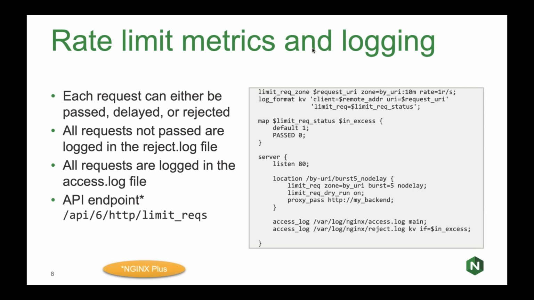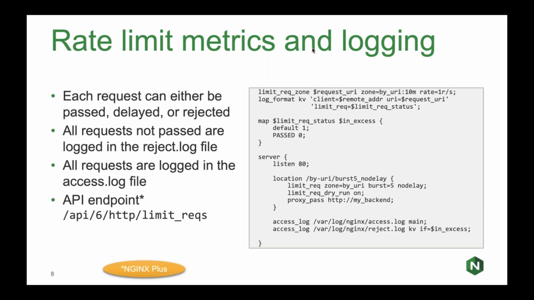So either an individual client, a web browser, or an API client, and each HTTP request that it makes is a request, and we can control how many of those can happen in a fixed amount of time. So that's rate limiting, and it's configured through the limit_req module. So you see in this sample on the right, the very first line talks about limit_req_zone, which is where we're going to track all requests.